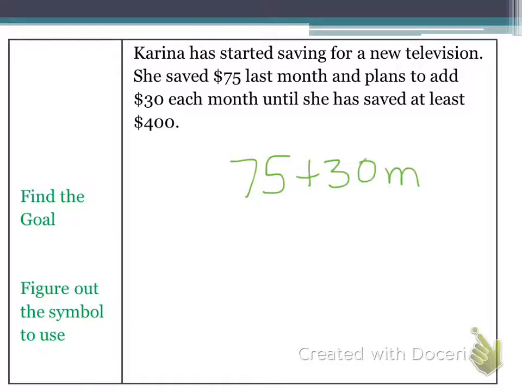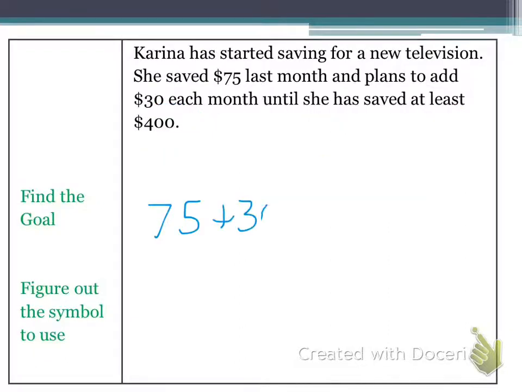Her goal is until she has saved at least 400. The number 400, that's her goal. I'm going to erase this and rewrite it a little neater: 75 plus 30M, and her goal is 400, so I'm going to put 400 here.